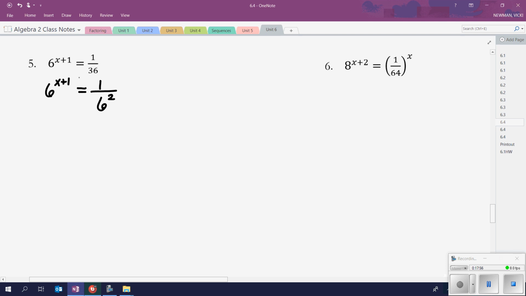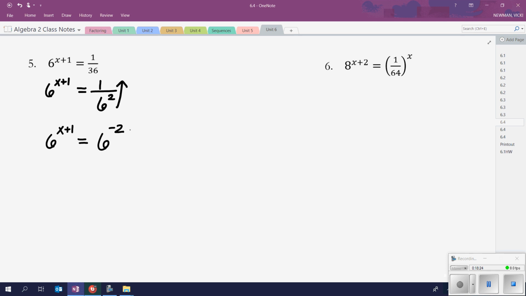The problem is that 6 squared is in the bottom of a fraction. I don't want it in the bottom of the fraction. I want it in the top of the fraction. So I need to move it up. And when we move it up, that means we're going to use an exponent property that it becomes negative, right? If it's negative, we move it to the bottom. So if I'm moving it back to the top, I'm going to change its sign.